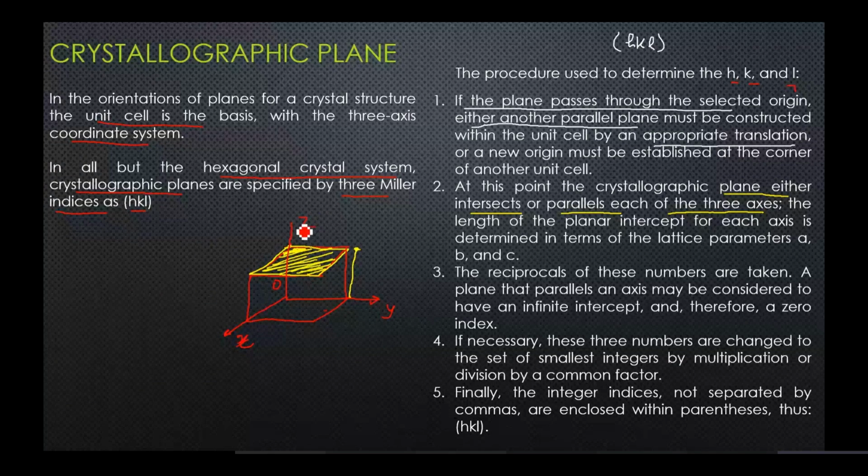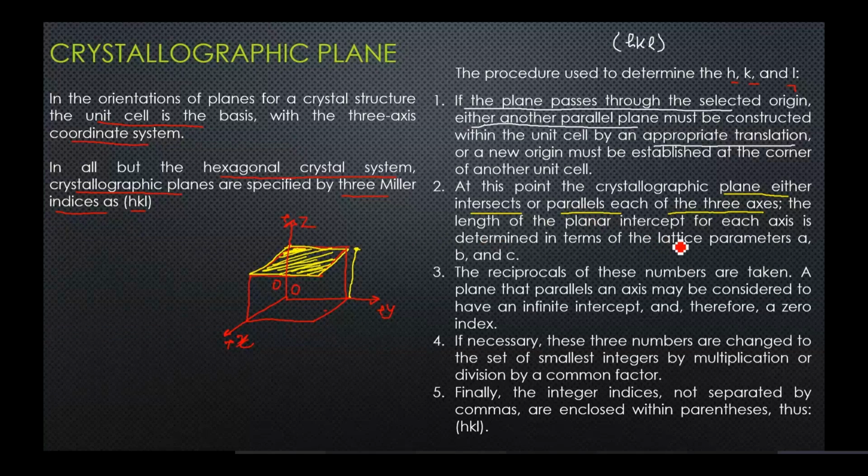What has happened is that now my plane is not passing through the origin. This is the positive x-axis, this is the positive z-axis, this is the positive y-axis. It would either be intersecting an axis or it would be parallel to an axis.